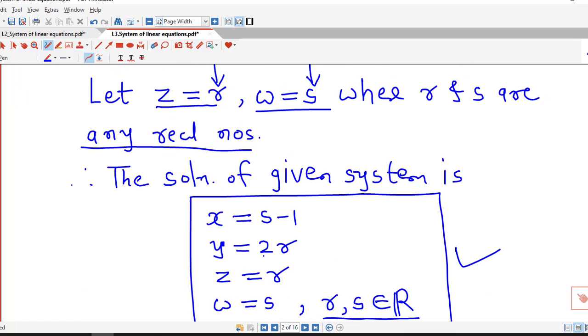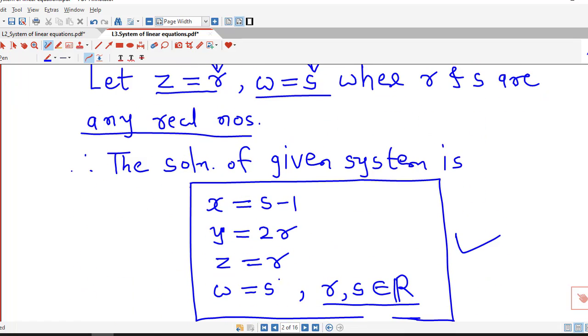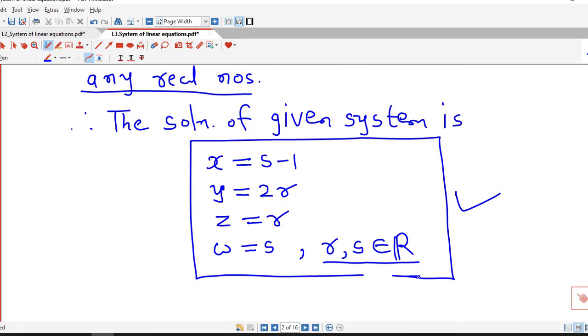Because z is r, we have y equal to 2r, and z is r and w is s. So in this way we can write down the infinite number of solutions for a system of linear equations using the Gauss elimination method. In this lecture, we have discussed the case of the Gauss elimination method with infinitely many solutions.